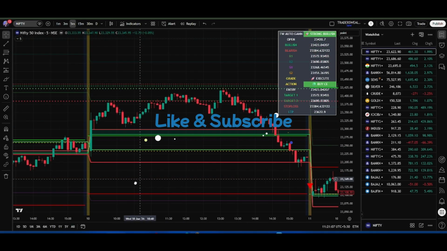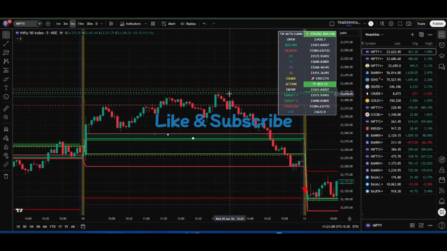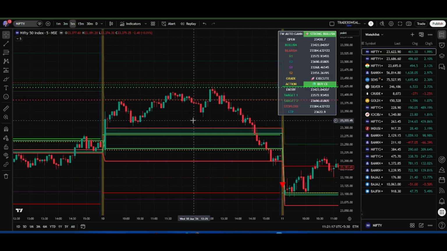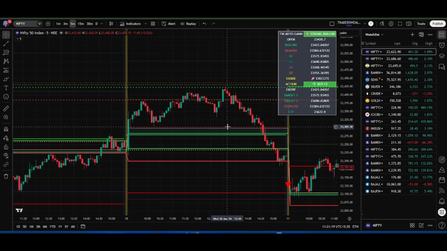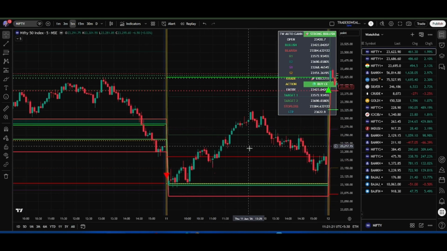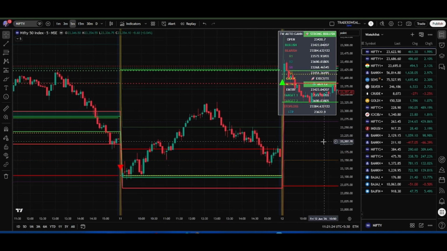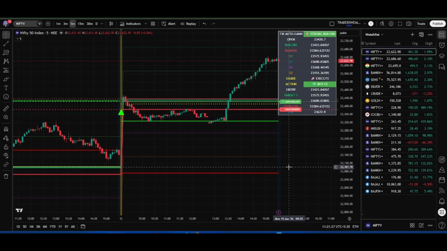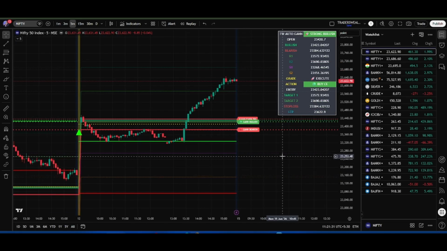Then you can see when it went up and retraced from here and came down. So you can see the historical retracement points also. This is one of the best indicators for my stock selection, because I mostly use Gann levels, Fibonacci levels, and for stocks I use build up stocks.